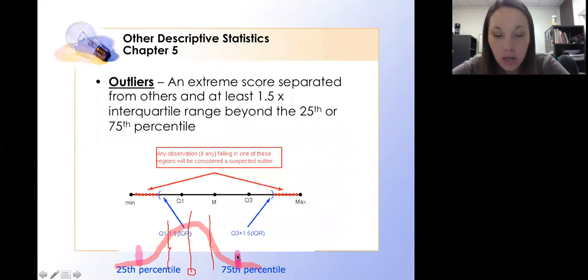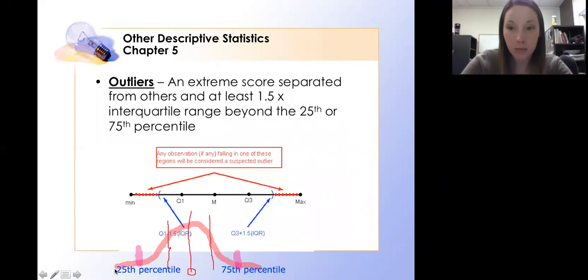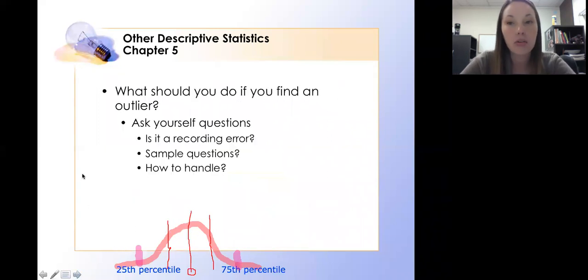They're so far extreme that they are on the complete ends of the distribution there. So those are called outliers. So if you have an outlier in your data set, there are a lot of different things that you can do.